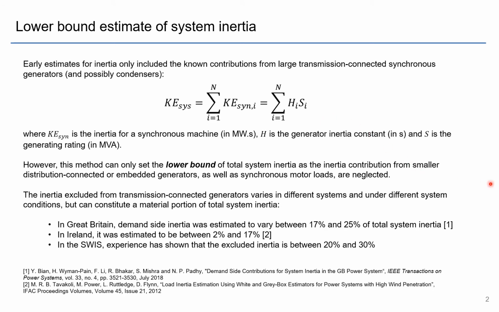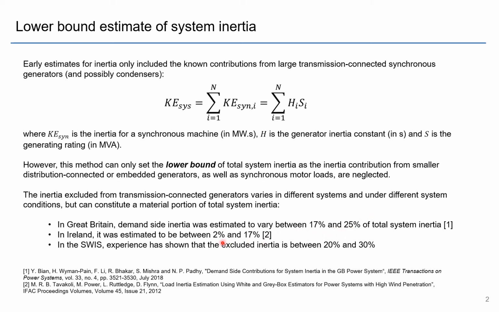The contribution from demand side inertia and small distribution connected generators is quite large in different systems. So here are some estimates for the portion of demand side inertia, or uncountable inertia, in the total system inertia. In Great Britain, it was somewhere between 17 and 25% of total inertia.